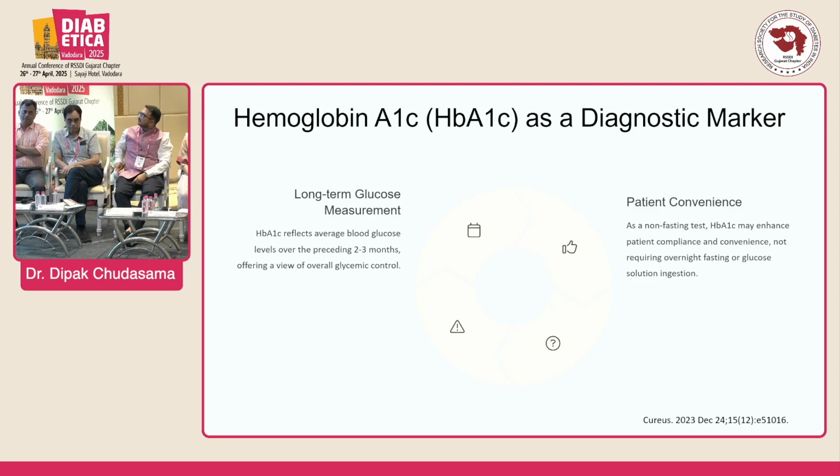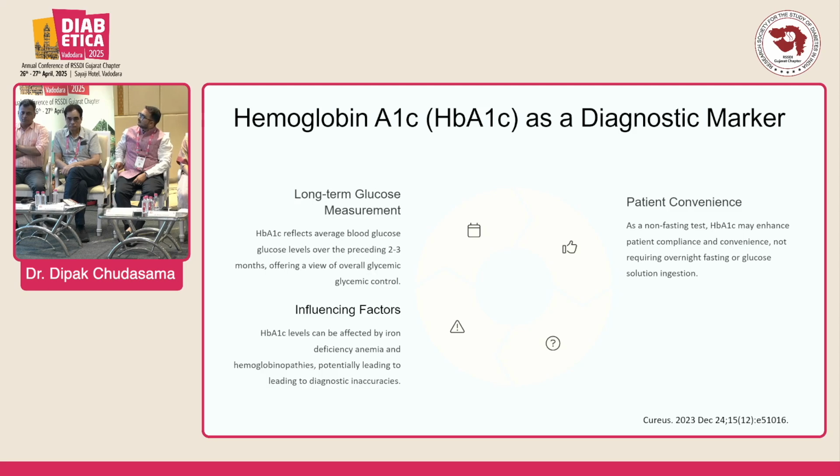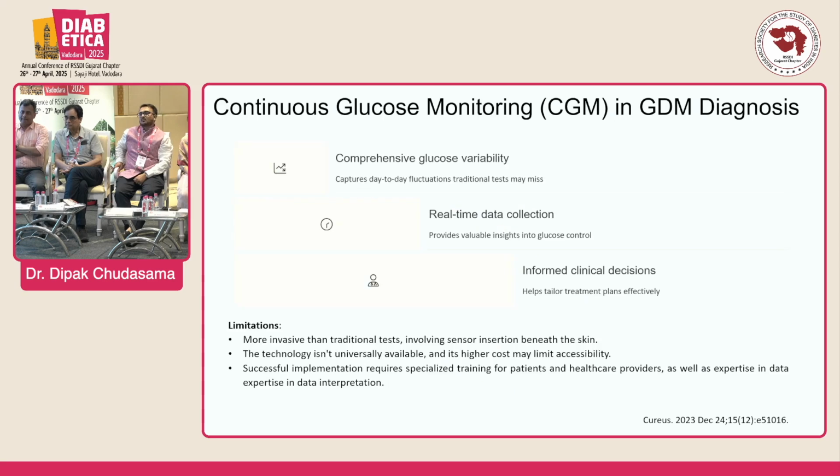As a non-fasting test, HbA1c is convenient, not requiring overnight fasting and glucose solution. Influencing factors: it can be affected by iron deficiency anemia and hemoglobinopathies, potentially leading to diagnostic inaccuracy. There is insufficient data regarding HbA1c for the diagnosis of GDM compared to the other methods.